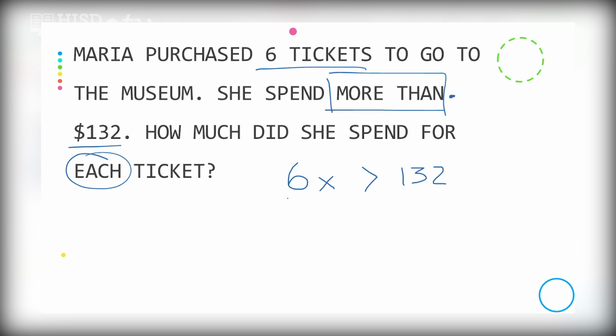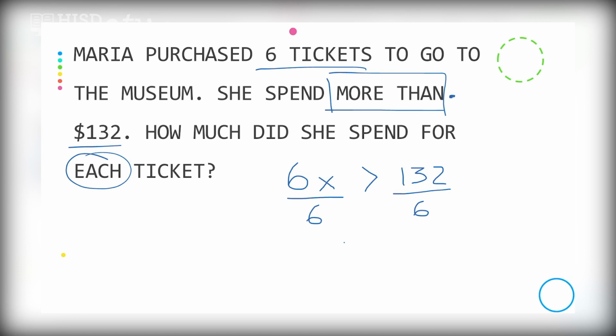$132. So now we are just going to use inverse operations in order to solve our inequality. And that means that since the 6 and the variable x are multiplying, the inverse of that is going to be dividing. So I'm going to divide by 6 so I can isolate my variable. And of course, if I divide by 6 on the left, I'm going to divide by 6 on the right side.